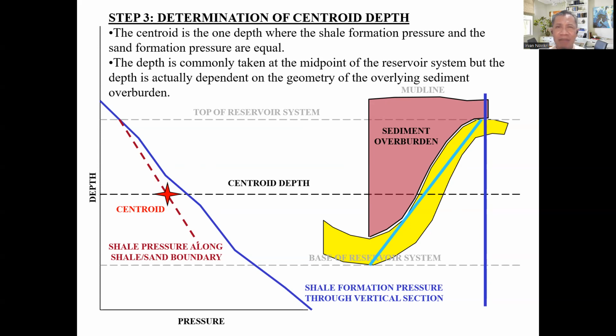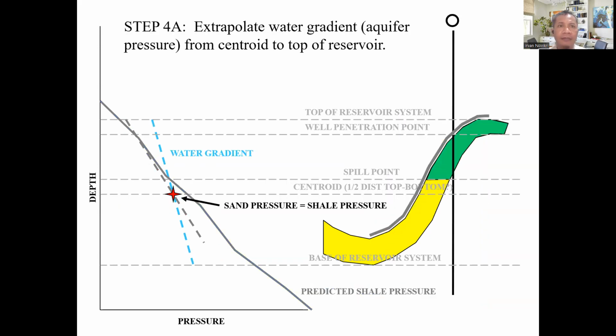The pressure exerted by the shale formation along the boundary and the shale sand formation, in the context of determining the centroid depth of the reservoir, is significant because it plays a role in finding the depth where the pressure from shale and sand formation are equal. This depth is crucial again for understanding the behavior of the reservoir system and its overlying sediment overburden.